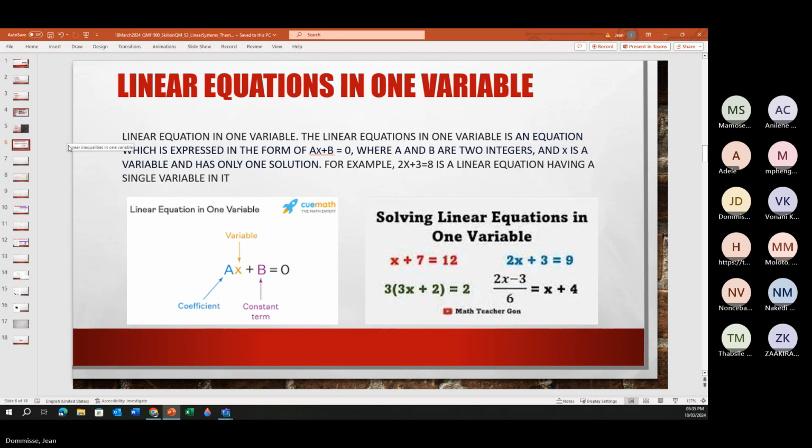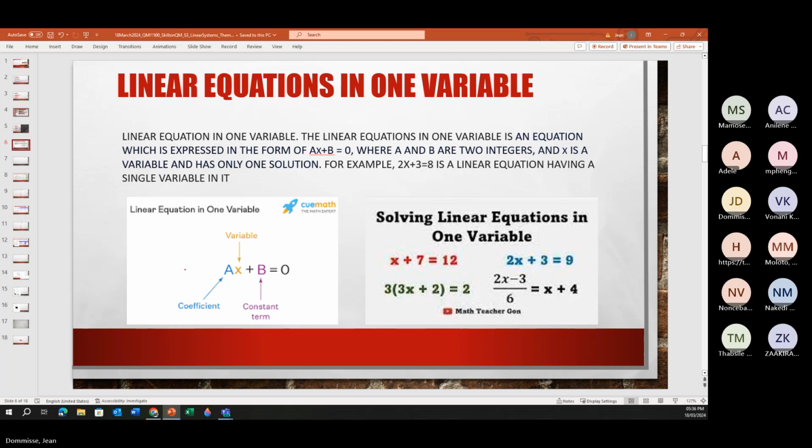Then, how the linear equation will look. Depending on study guides and textbooks, if you Google linear equations, you might get a few different views of how a linear equation looks.